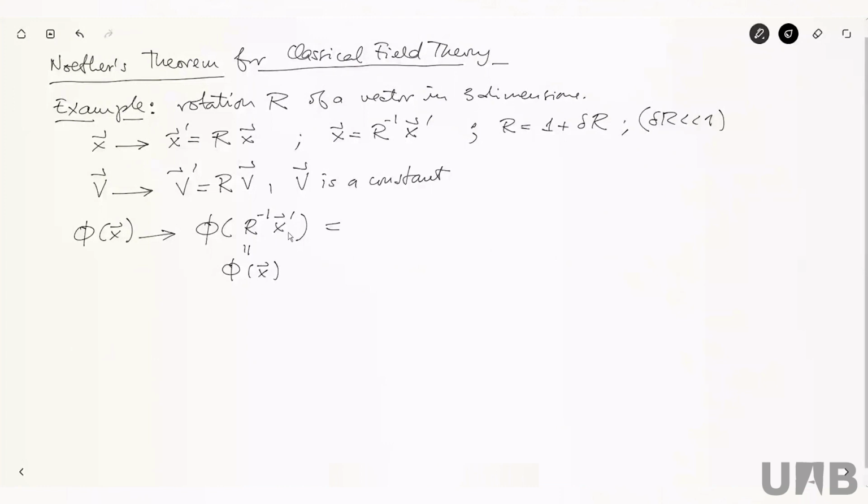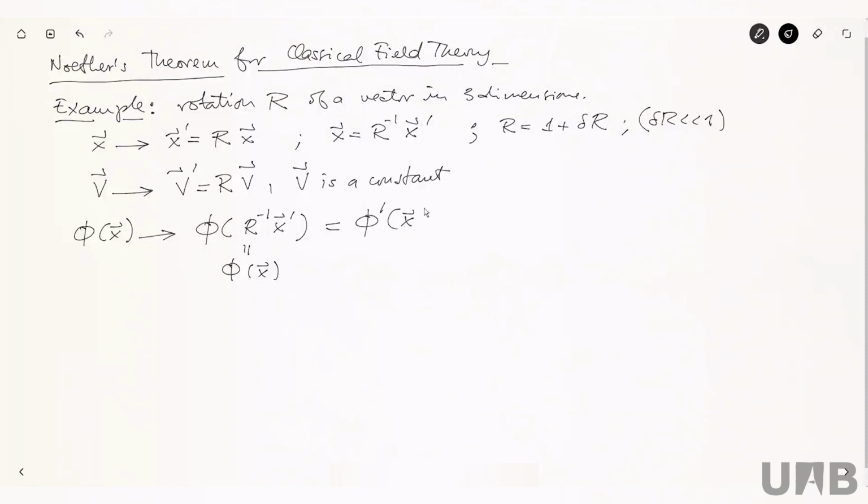Now, after we transform x into x prime, because R minus 1 is not the identity, it is close to the identity but not the identity, the functional dependence of this object on x prime is not the same as the functional dependence of phi on x. So the function has changed, right?